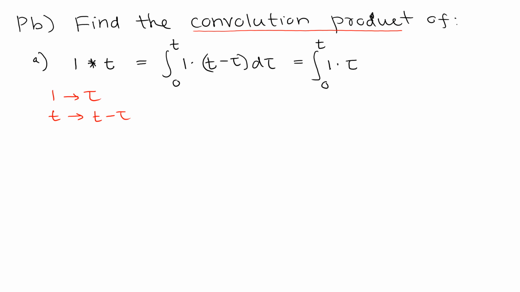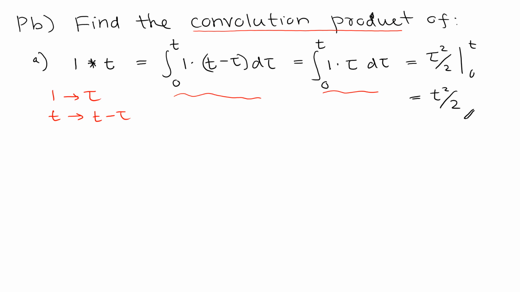So those are two different integrals from the two versions of the definition, and you can clearly see that the second one is easier to integrate. Integrating, we get tau squared over 2 evaluated at t and 0, which gives t squared over 2. That's the answer, and even if you do the other one, you still get the same answer.